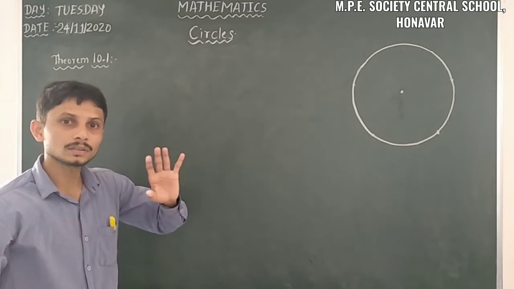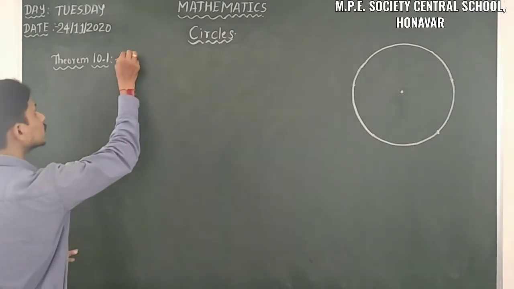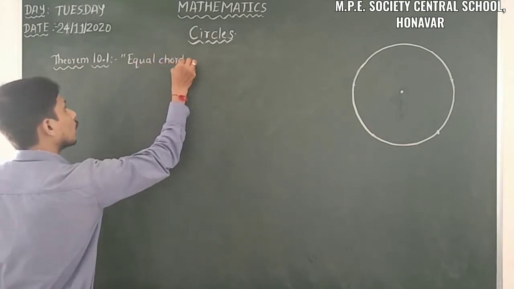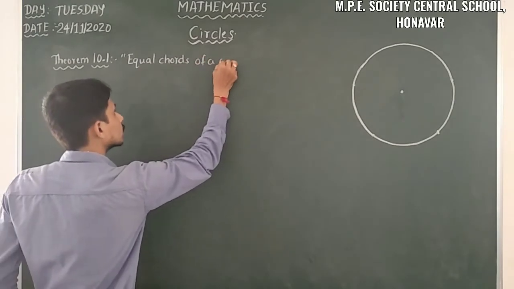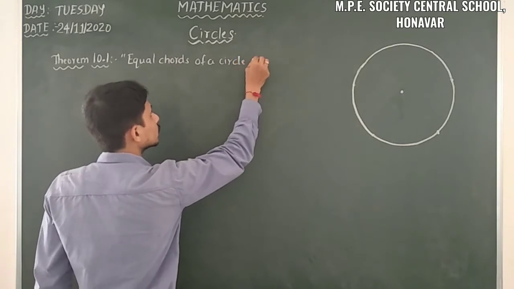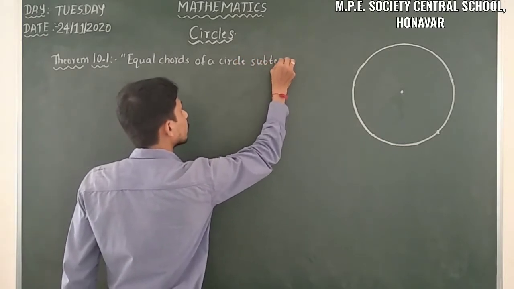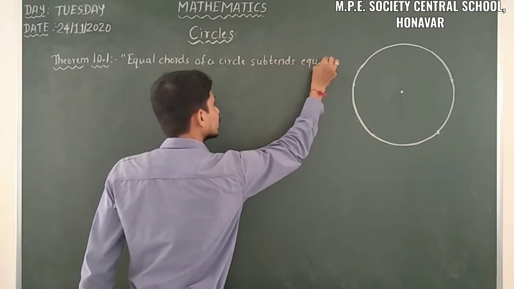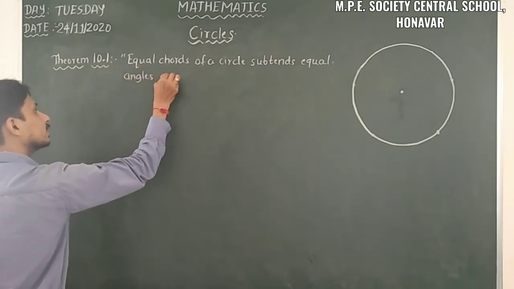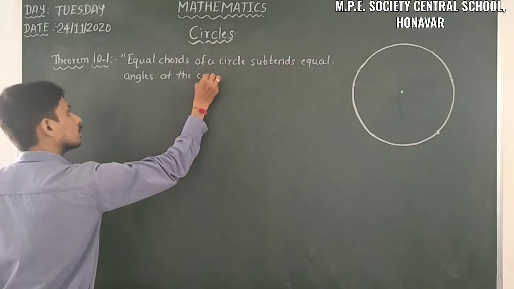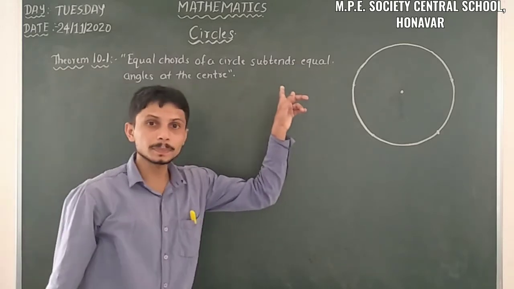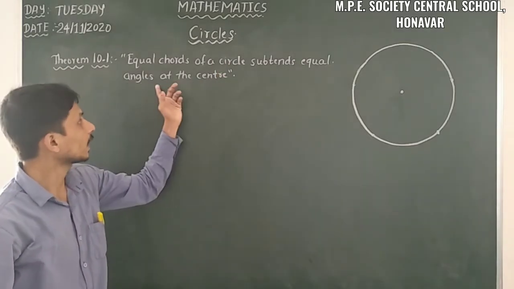Just observe here. Equal chords of a circle subtend equal angles at the center.